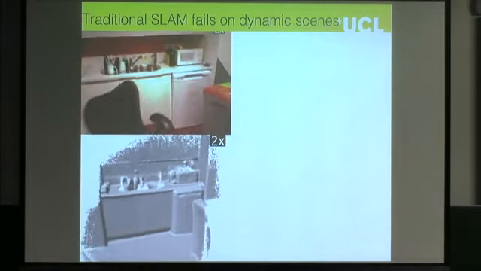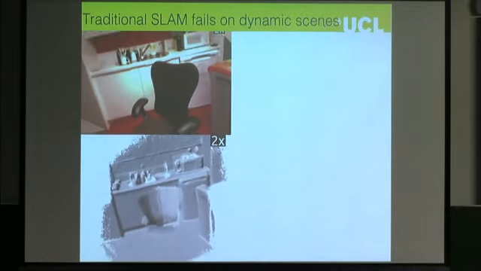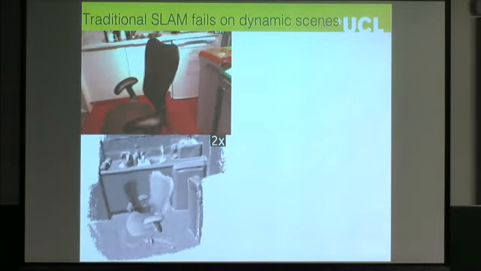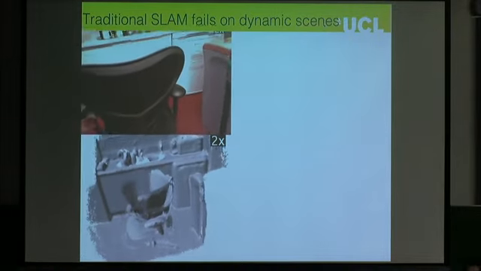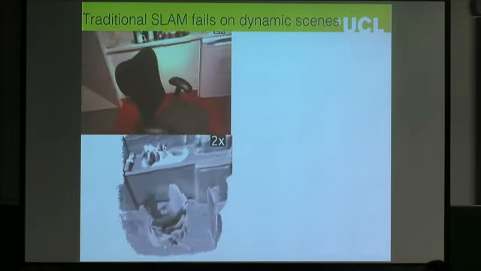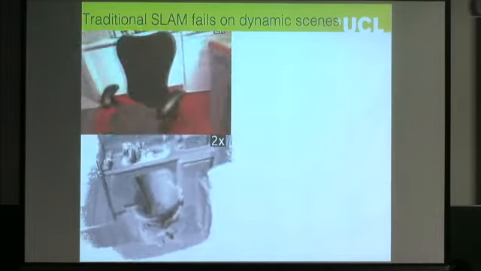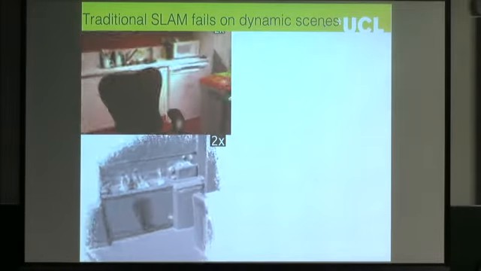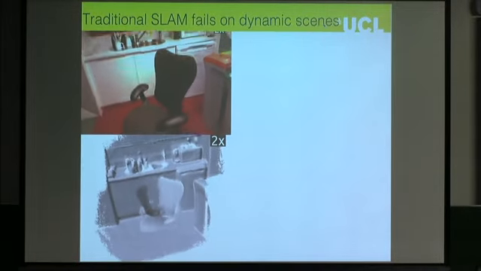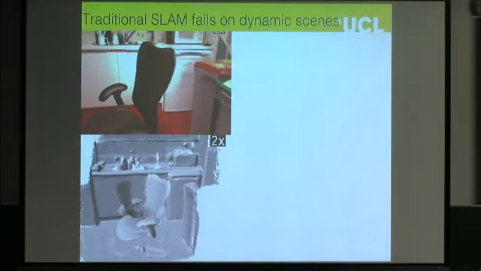So if we look at how a SLAM system would solve a problem like this, where we've got two different motions, we don't just have the motion of the camera, we have an independently moving object in here. Of course, the resulting geometry is not going to be correct because we've made the wrong assumption. We've assumed that the whole world is static, and it's not.